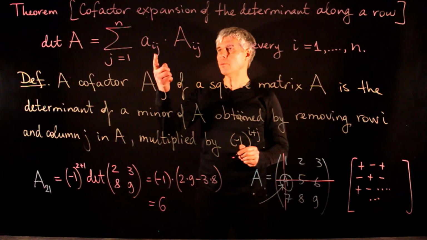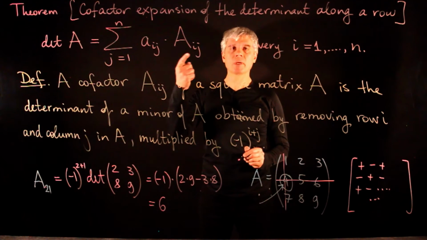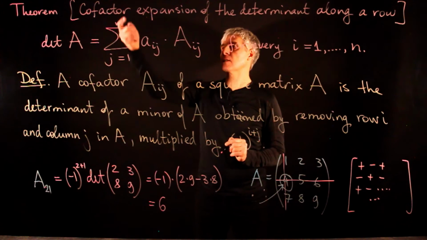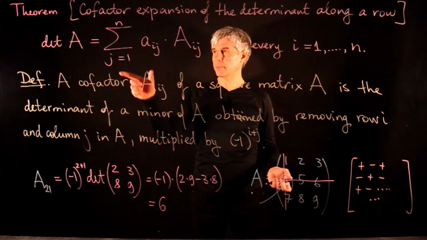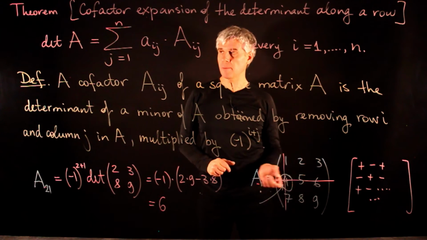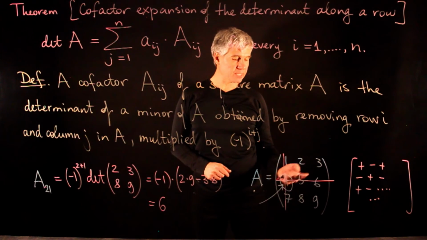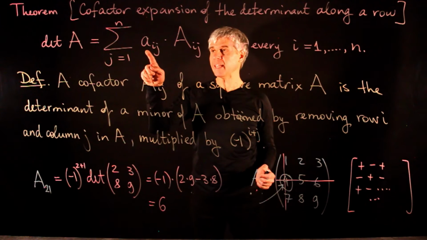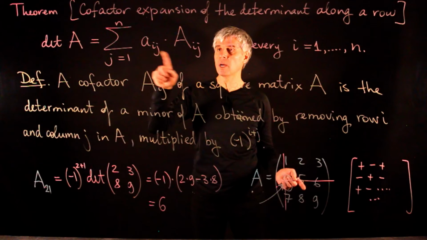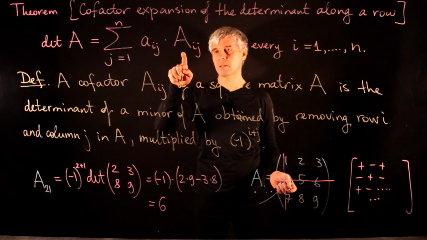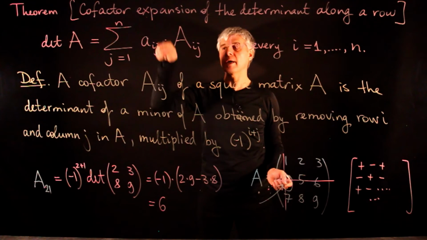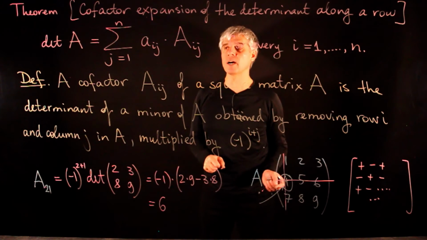So in this formula, i is fixed and could be an arbitrary index from 1 to n, and j runs in this sum. What we are doing is we fix one of the rows in a matrix and then take a sum of products of entries of this matrix in this row times the corresponding cofactors. And this formula explains why this expression is called the cofactor.